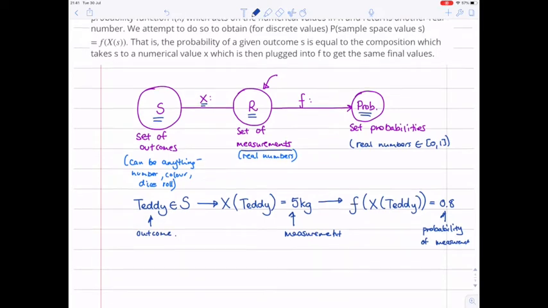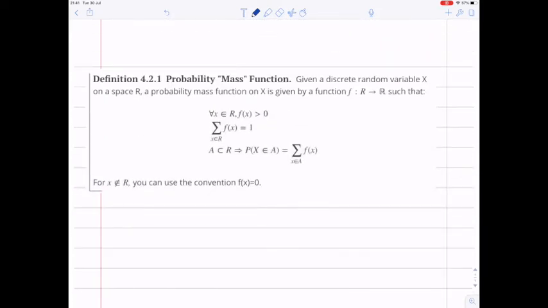All right. So now we can start to talk about a probability function. We're going to start by looking at a discrete random variable, and then we'll briefly look at continuous random variables. So let's have a look at this definition.